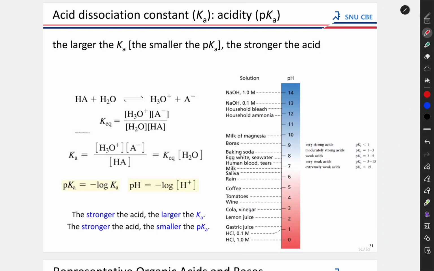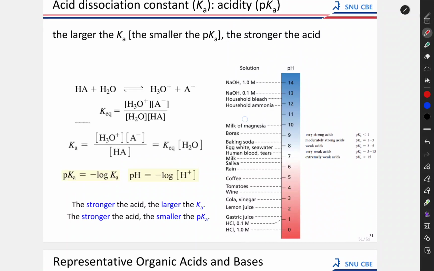And if you take the minus log of Ka, that will give you pKa. That's the general relationship between Ka and pKa. And you can apply this to the proton concentration and pH as well. So minus log of H plus concentration will give you pH. That's why this trend holds: the stronger the acid, the larger the Ka, the smaller the pKa. It's all what you know, really.